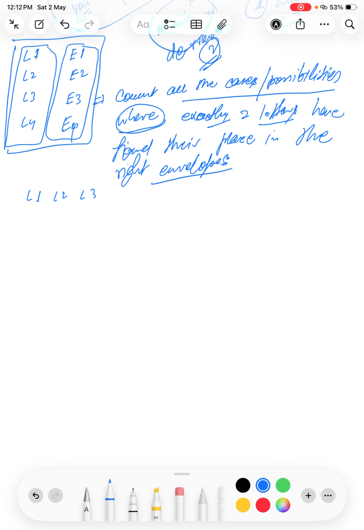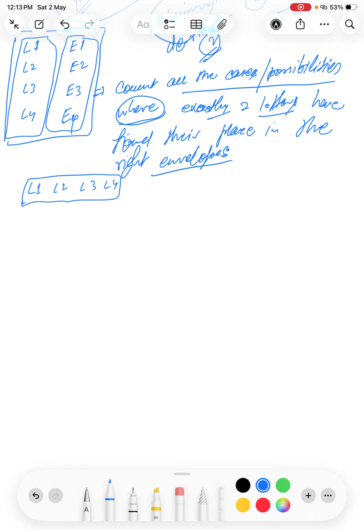We have letter 1, letter 2, letter 3, letter 4. We'll pick all the ways of putting 2 letters in the correct envelope.